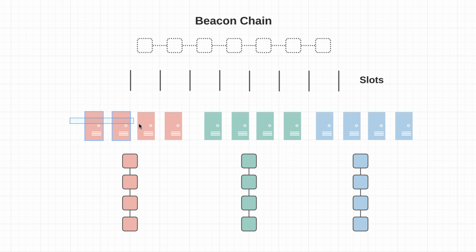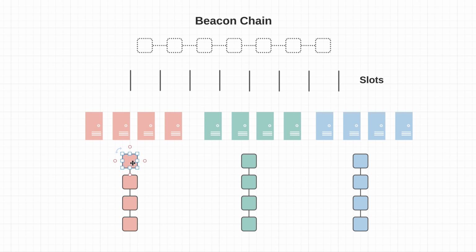Even though I drew these groups kind of simple with only 4 nodes in them, in reality, there are at least 128 validators. Again, that's 128 that are required to attest to each block. And that group of validators is technically known as the committee. Each committee has a time frame in which to propose and validate a shard block, and this time frame is known as a slot.